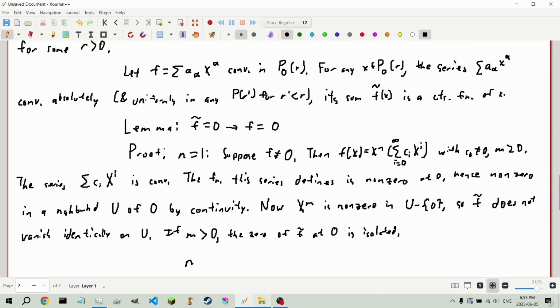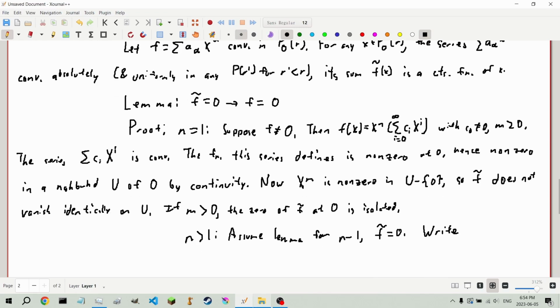Now let n be above 1. We of course assume the lemma for n minus 1, and here we're not going to do the contrapositive this time. We're going to suppose that f tilde is 0.